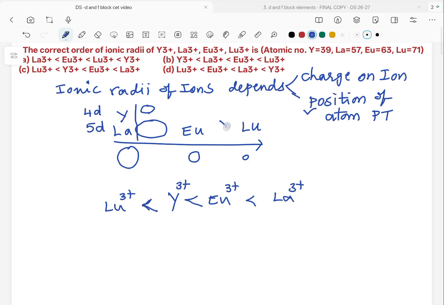When we look at the options, C option fits correct here, where lutetium 3 plus will have smaller size than yttrium, europium and lanthanum. So our answer should be C option.